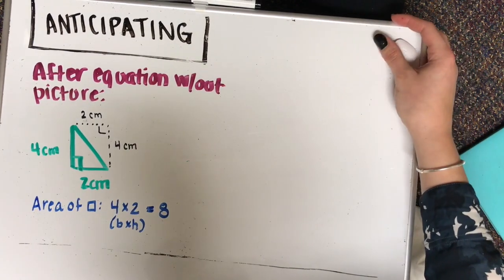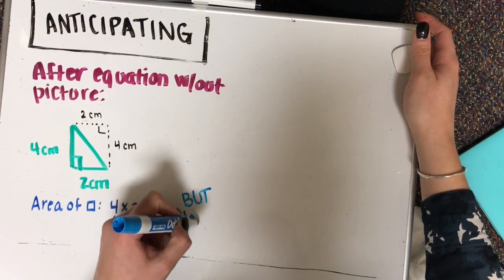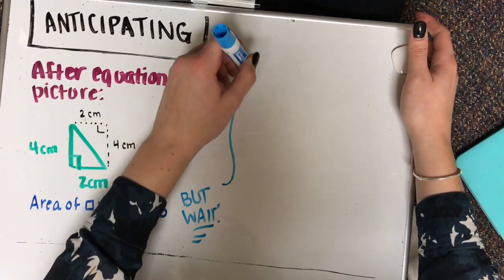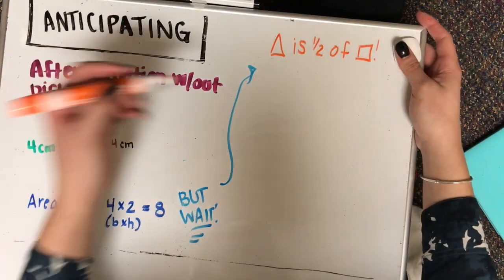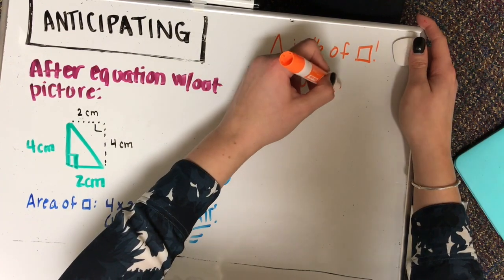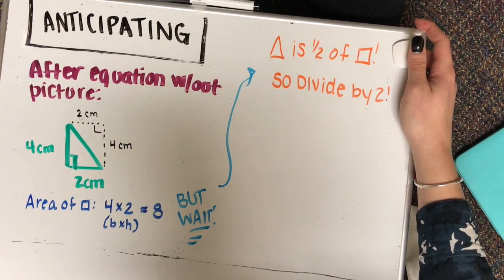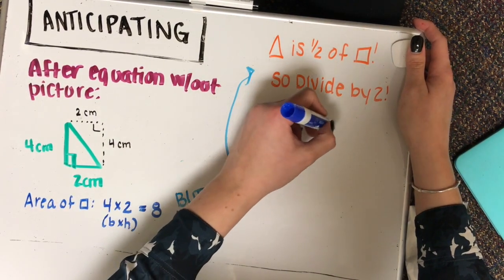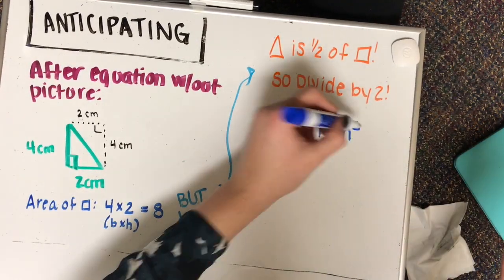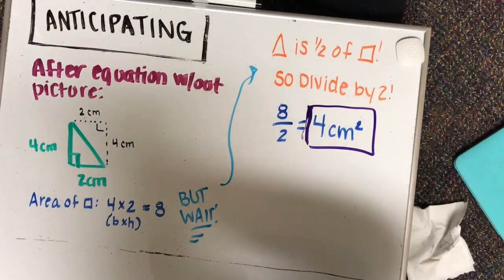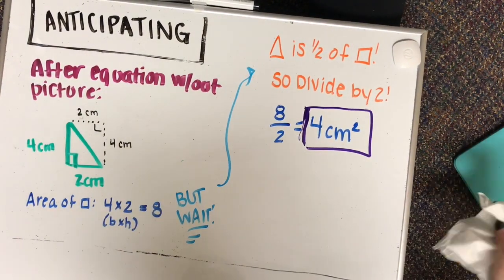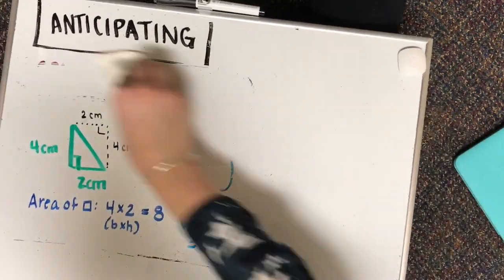And they know that the square's area would be base times height, which is 4 times 2. But they would also have to know, and you might have to help prompt them in monitoring, that the triangle they're looking for is half of the square that they just found. So they would have to divide it by 2, and I found that squared. There you go. So it'd be 4 centimeters squared.